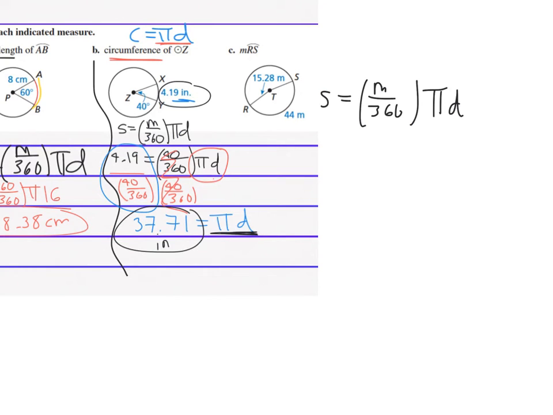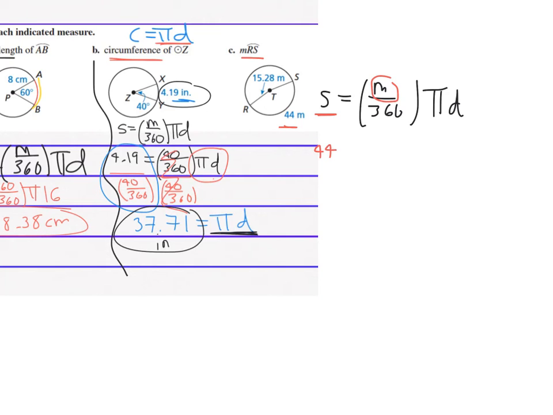Okay, so part C, we are looking for the measure of RS. So that, by the way, if you're confused, that is asking for the central angle. So the M in our formula, that is what we are trying to find. So I'm going to plug stuff into my formula. The S, the arc length is given to me, is 44.